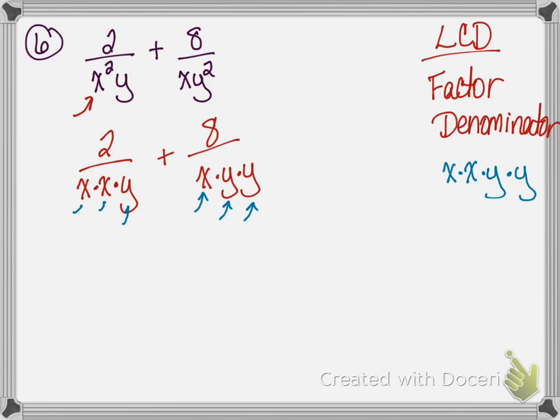Okay? So, do you see how in this problem right here, my highest exponent for the X was squared? And then here, my highest exponent is squared. So my LCD has to have that. Because I had an X squared in one of them, I have to have it in my LCD. And because I had a Y squared in one of them, I have to have it in my LCD.